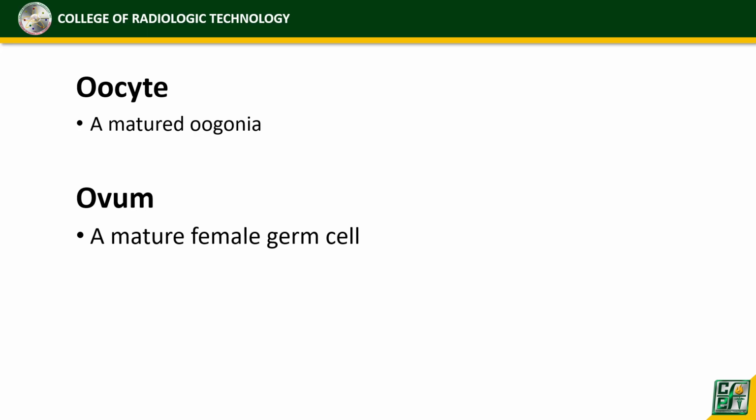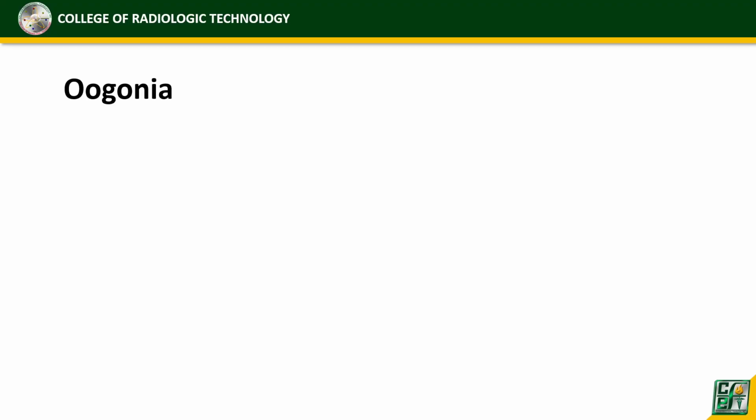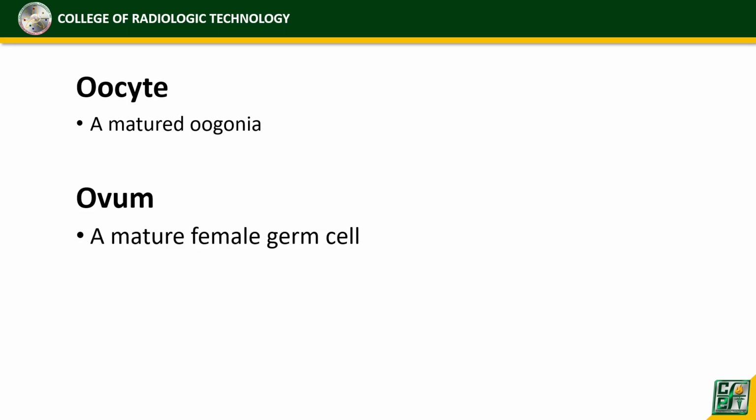Okay, then oocyte, or yung corpus, ano yun? Yan, corpus luteum. Okay? So oocyte is a matured oogonia, and ovum is the mature female germ cell.